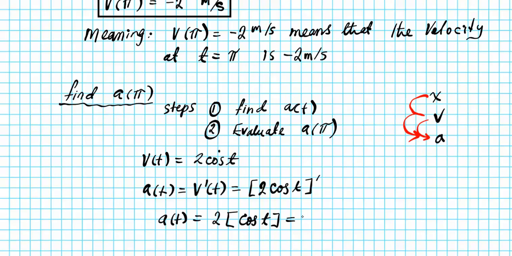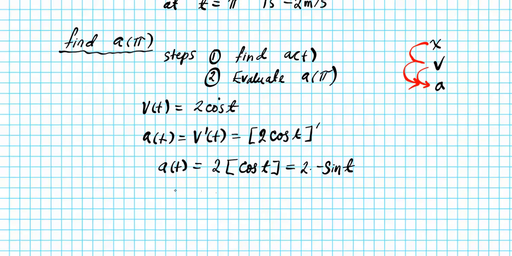The derivative of cosine is negative sine. So our acceleration function at any time t is given by -2 sine t. Now we're done with the first part, which is to find the derivative using calculus.